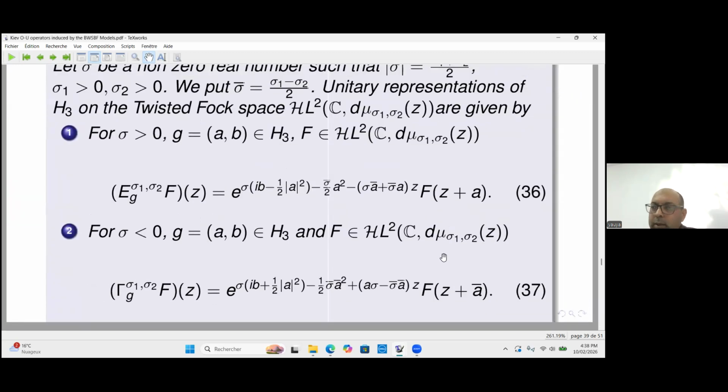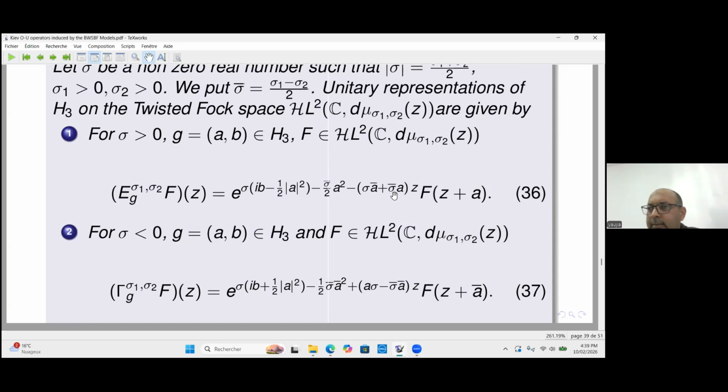So here, this perturbation doesn't affect the action, the composition, but in the factor there is some new term. For example, here we denote by sigma bar equal to (sigma 1 minus sigma 2) over 2, just notation. Sigma here is a real number. This is just for the notation of the coefficient of z in the exponential for the two representations.